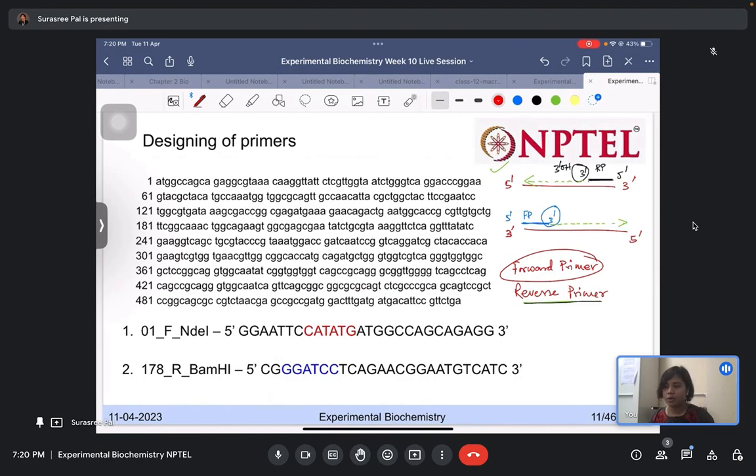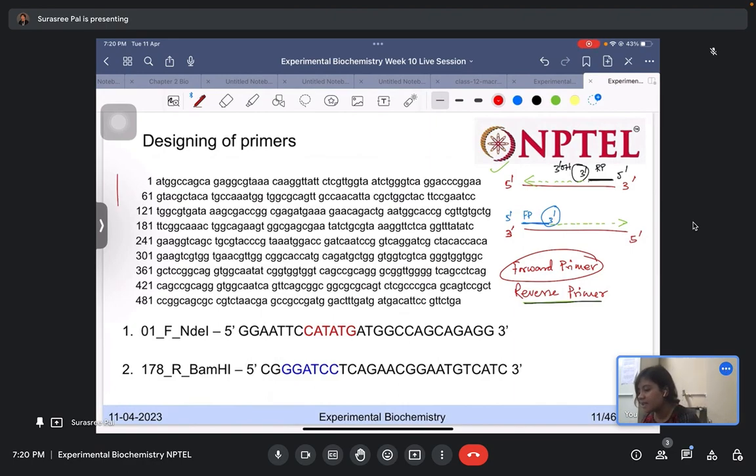And these primers, the forward and reverse primers, have to be designed in such a way that they are complementary to the DNA template and they can anneal to the portion of the DNA template which we want to amplify.